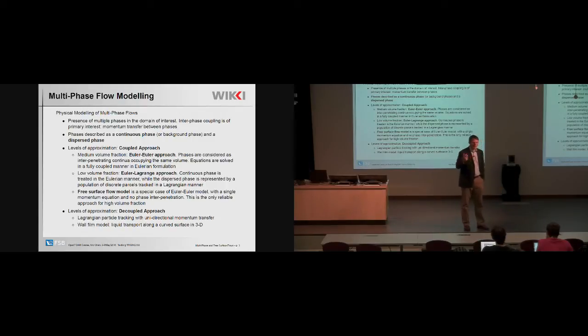So what happens when you have a background air and droplets of rain falling through it? Okay, first you're going to have the conservation of mass for the air. You're going to have the conservation of mass for the water. You're going to have conservation of momentum for air and water, where they will exchange momentum between the two.